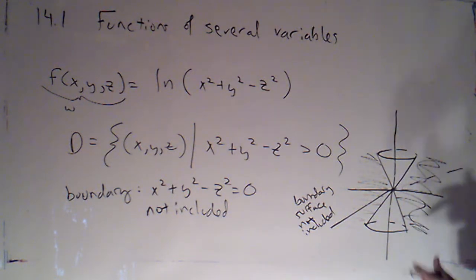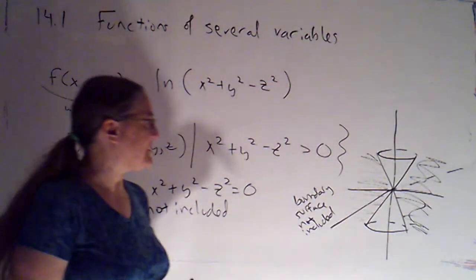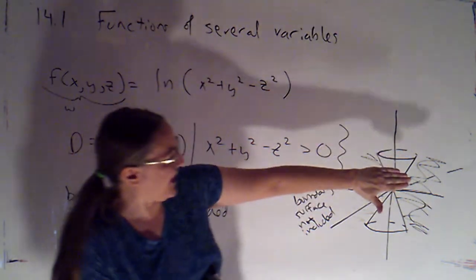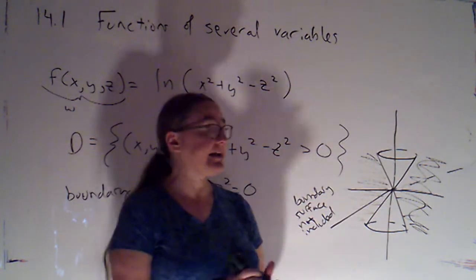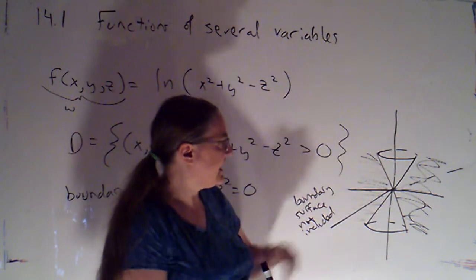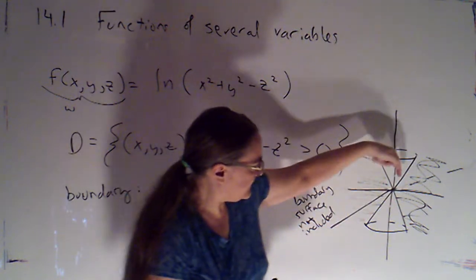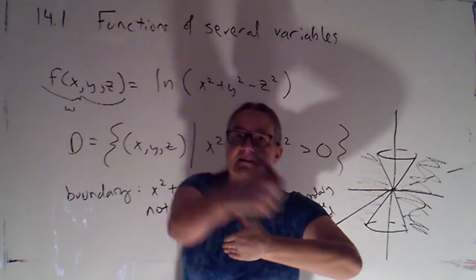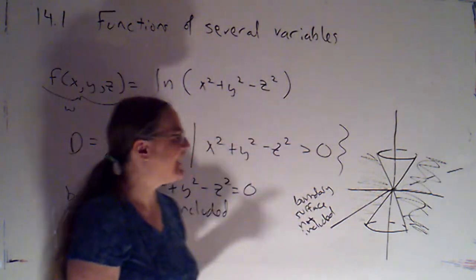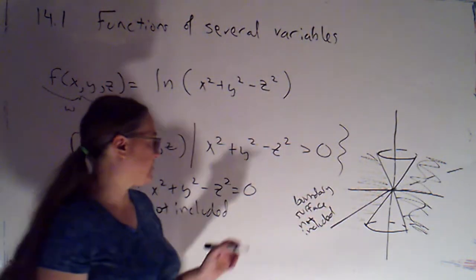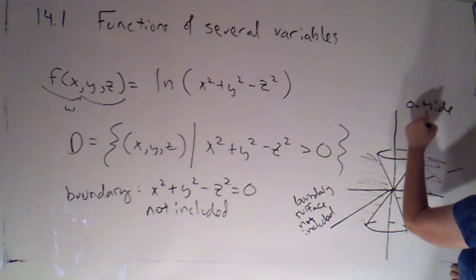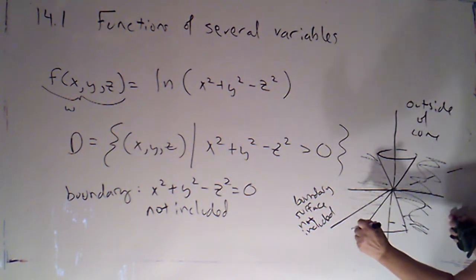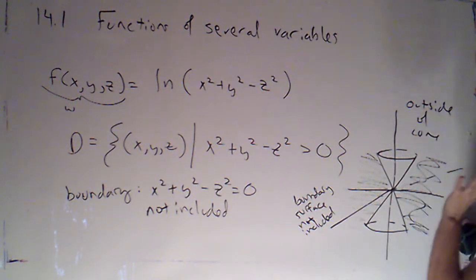Okay. Now, that's a little bit misleading because it almost looks like there's nothing that's directly in front of the z-axis here. But there is, because if the cone only sticks out so far, the space in front of that cone is included. So you may very well need to supplement your picture with words and just say everything outside of the cone. That's suggested by this picture, but there is stuff in front of the cone and there's stuff behind the cone as well.